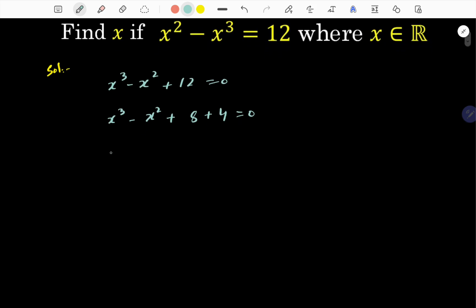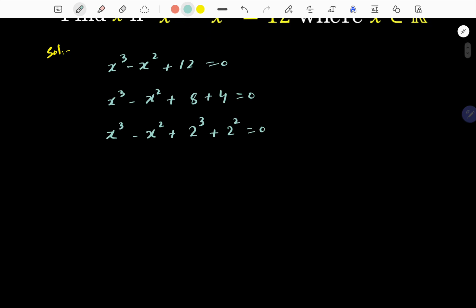And then we can write x cube minus x square plus 8 can be written as 2 cube and 4 can be written as 2 square, that is equal to 0.